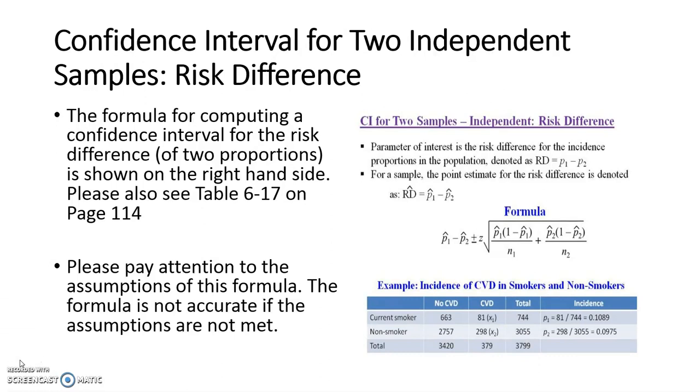Okay, so in table 617 on page 114, please read carefully the assumptions of this formula. The formula is not accurate if the assumptions are not met. So they're really important. If the assumptions are not met by the data, you should not use this formula.